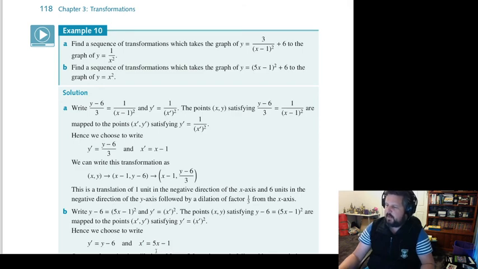So one of the transformations is the dilation of factor 5 from the y-axis, because that's what's happening to x here, and then it's followed by, and this is happening to both of them, a translation of 1 unit in the negative direction of the x-axis, and also a translation of 6 units in the negative direction of the y-axis here.